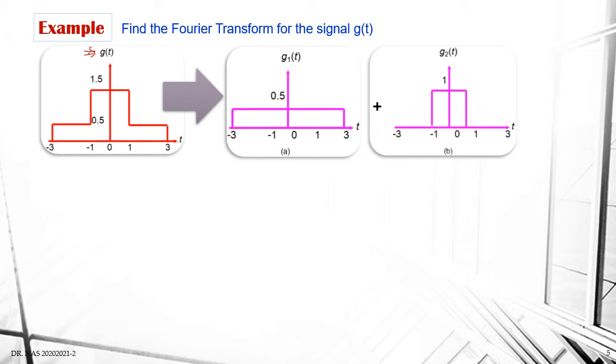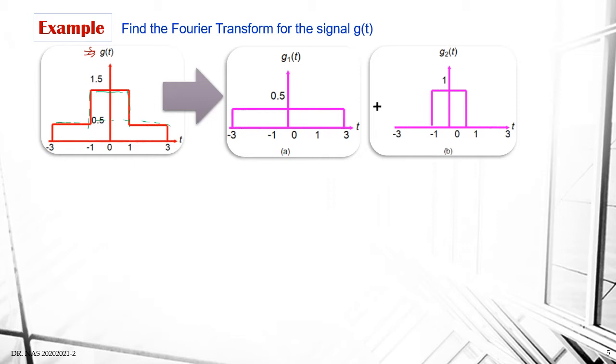For example, in this case, I'll divide this signal into two. The first one is this one, and the second one is the bottom one. So g(t) is basically g1(t) plus g2(t). If you total them up, you'll get g(t).